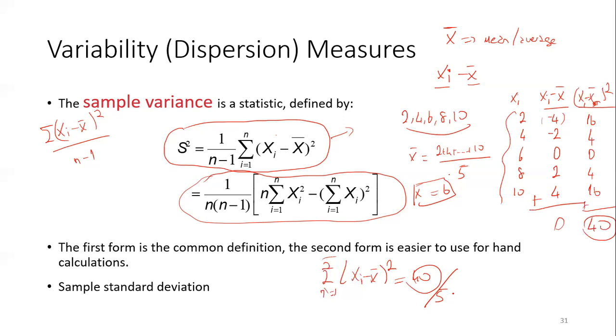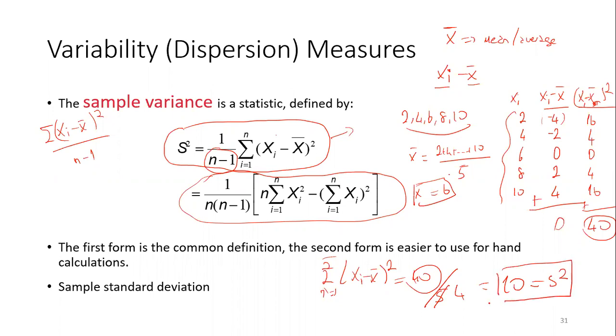Due to the properties of the estimators, which we will talk about later, we reduce it by 1. So we divide by n minus 1, which is 4. So 40 divided by 4 is equal to 10. 10 is the variance, the sample variance.